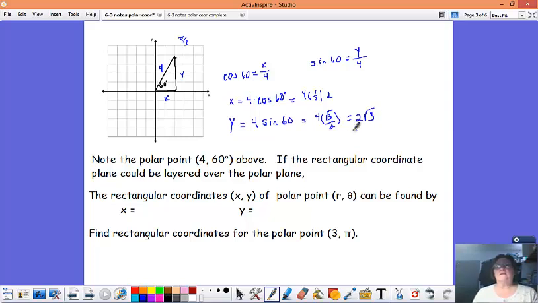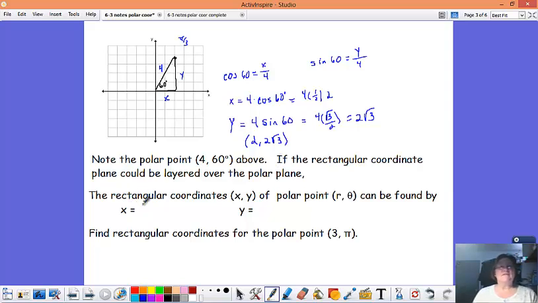If that y coordinate doesn't look right to you, I just want to remind you, if you look at this point, it doesn't get all the way to 4, because if it got all the way to 4, then this diagonal would be longer than 4. That y coordinate is 2 times the square root of 3, and so that point in the rectangular coordinate plane is at (2, 2√3).